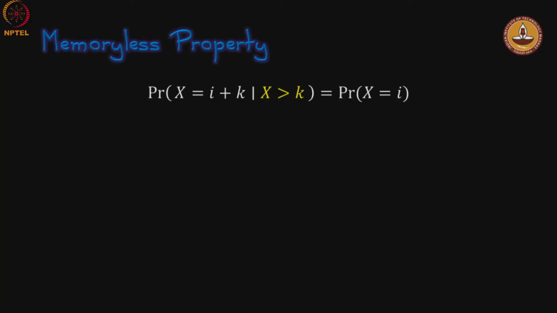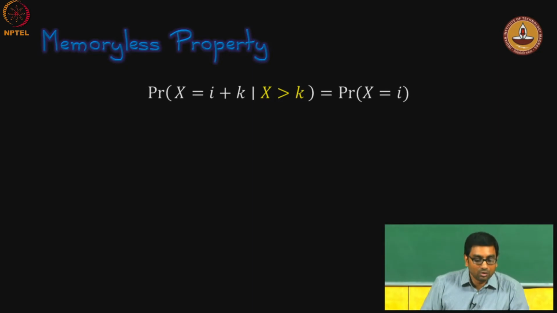So let's formally see why that's the case. How do we express that formally? We are asking, what is the probability of x equal to i plus k, given that x is greater than k? What does that mean? For the first k coin tosses you have had tails, you have been able to observe that. Given that, you know that x therefore has to be some value greater than k.